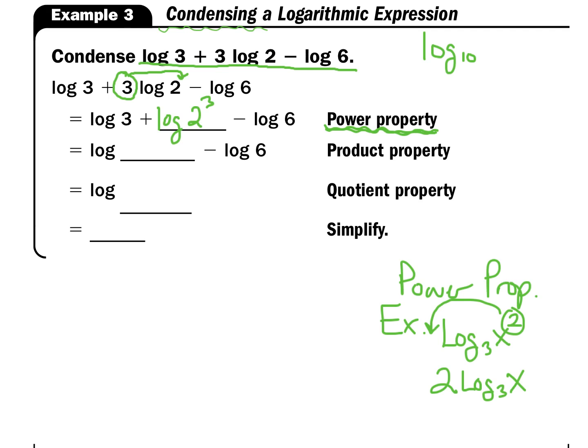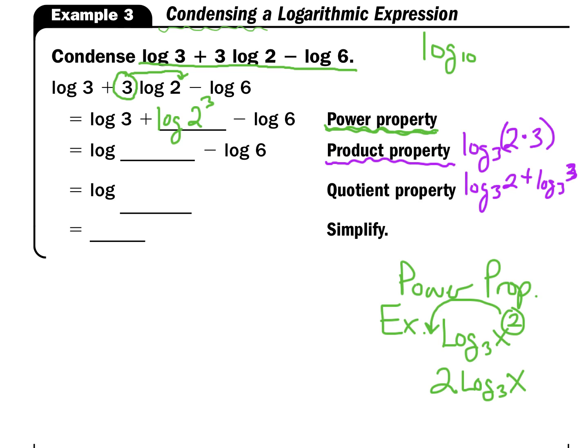Okay. So the next thing we look for are any instances of the product property. And remember, the product property was if we had, let's say, log base 3 of 2 times 3, that's the same as log base 3 of 2 plus log base 3 of 3.